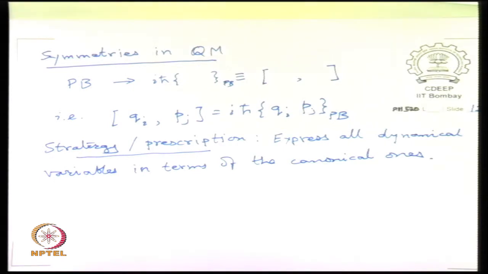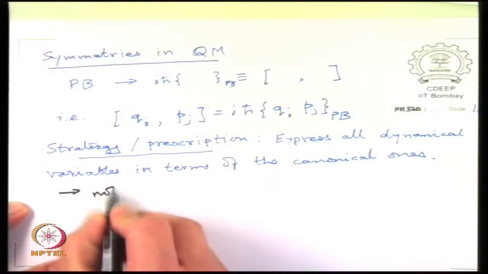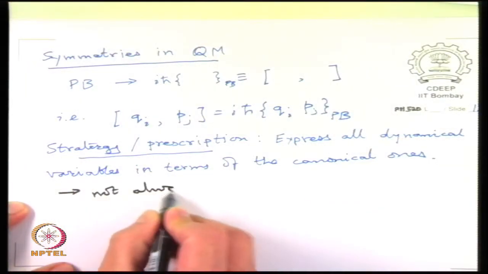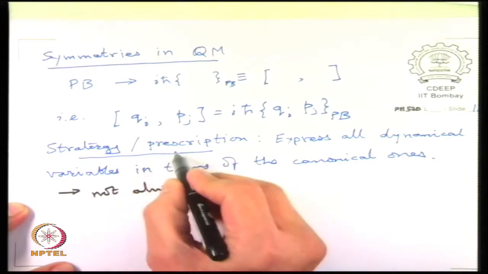This statement itself can be a stumbling block sometimes in quantum mechanics, because you may encounter new observables for which there is no canonical description. That is why it is a prescription.